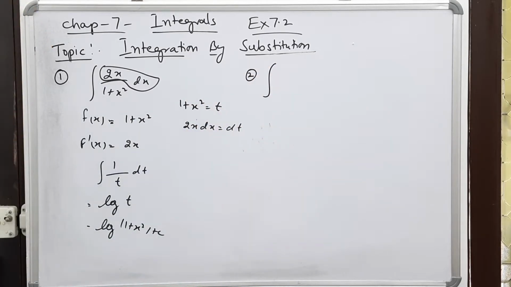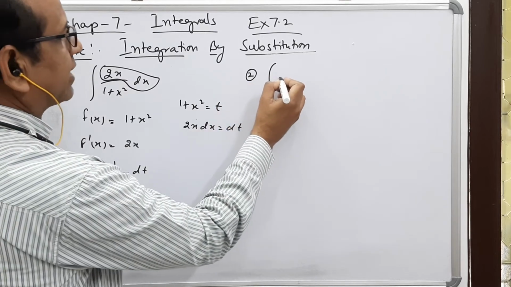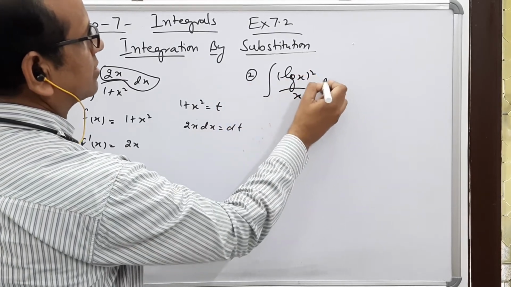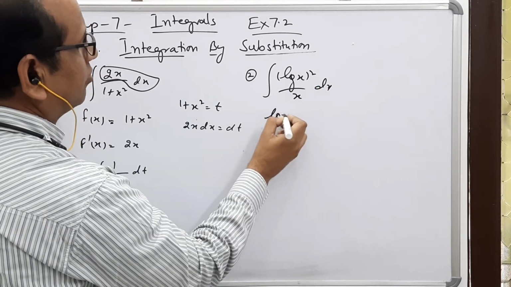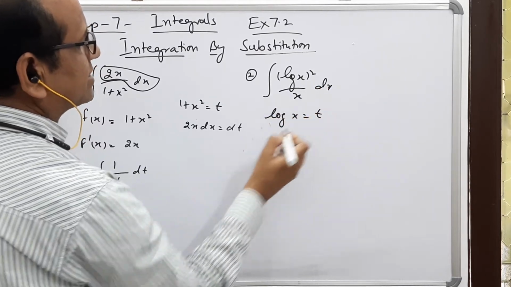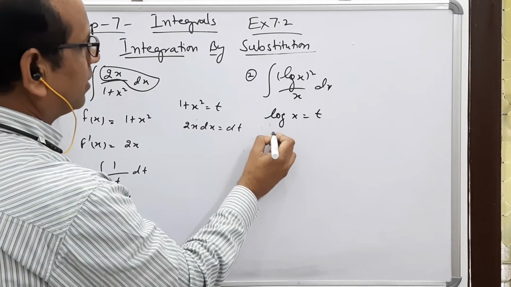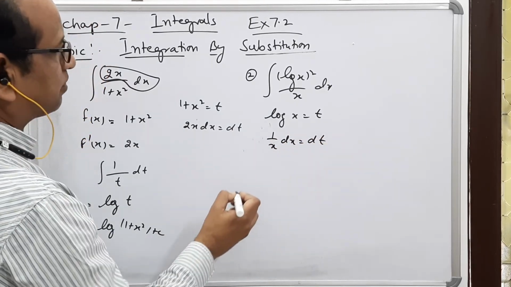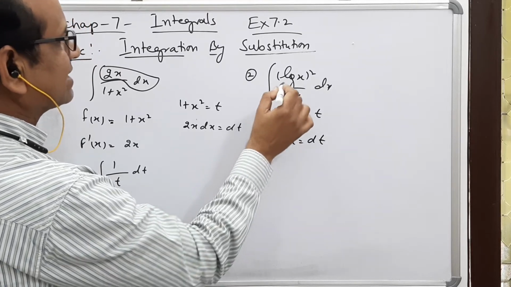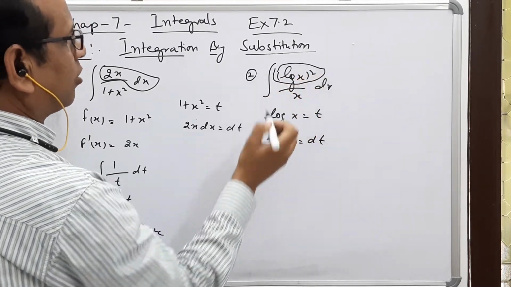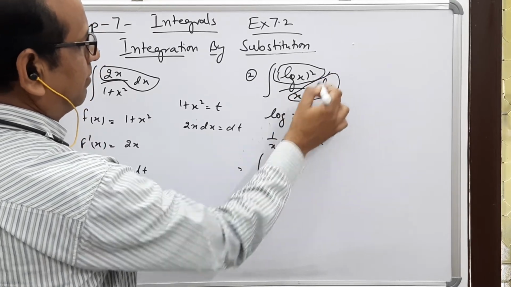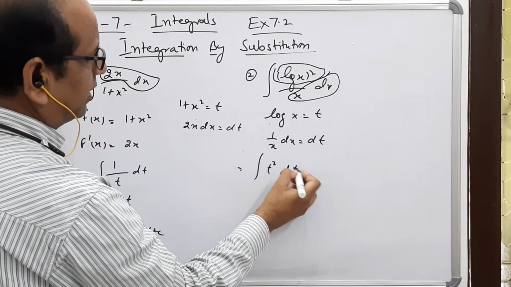The second problem is (log x) whole square upon x dx. So here we take log x as t, then 1 upon x dx will be dt. So the substitution is, instead of this log x you write t, so it will be t square, and this part will be dt. So t square dt.